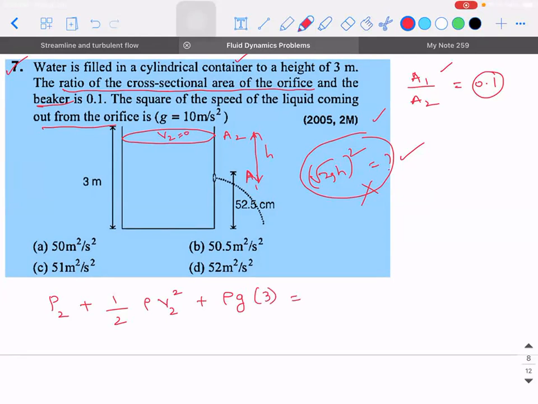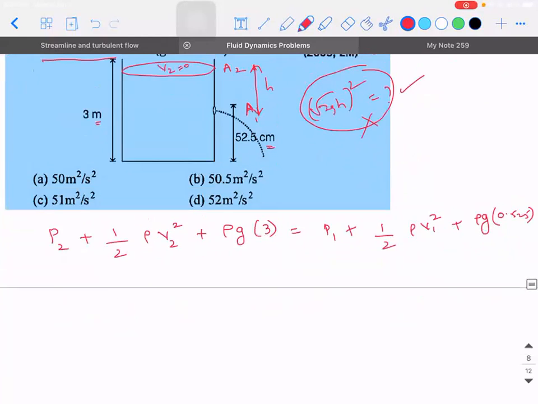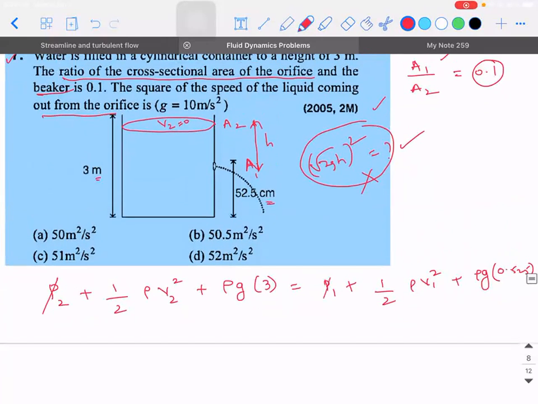Rho g into 3 will be equal to P1 plus half rho V1 square plus rho g into 52.5, that is in centimeter. Be careful, here it is in meter, 0.525. Okay, so in this question, fortunately, P2 equal to P1 gets cancelled.